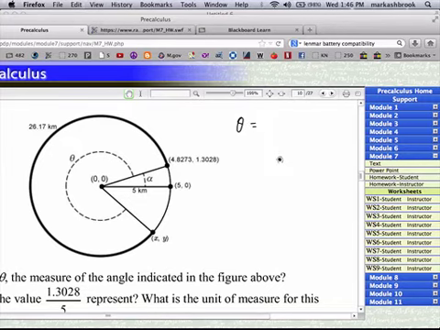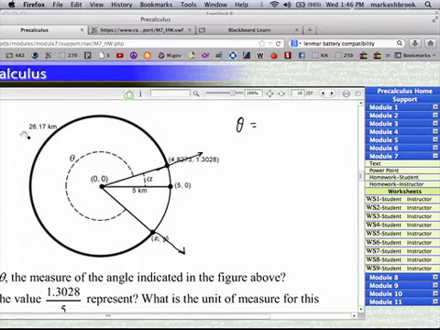What's the meaning of theta? It's going to be the number of radius lengths subtended by the rays of the angle. So here's the first initial ray. Here's the final ray of the angle. So those rays subtend an arc length. We want to find out how many radius lengths that is. So the whole length is 26.17 kilometers.